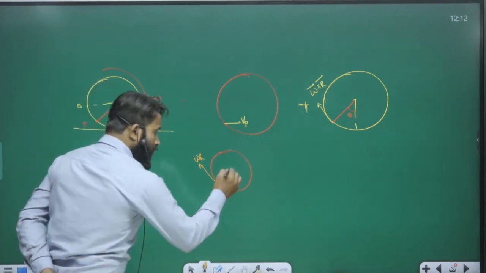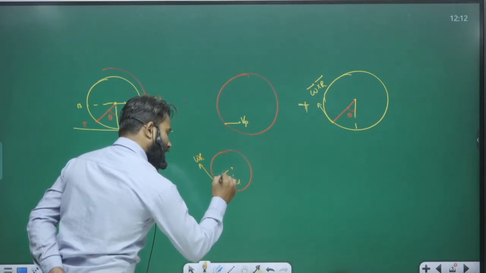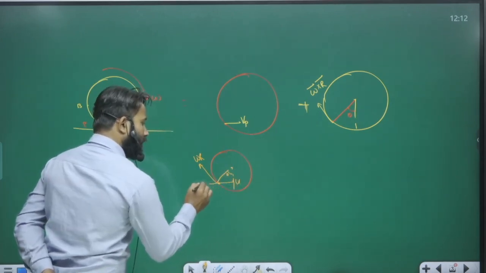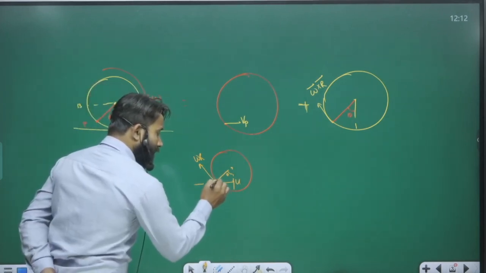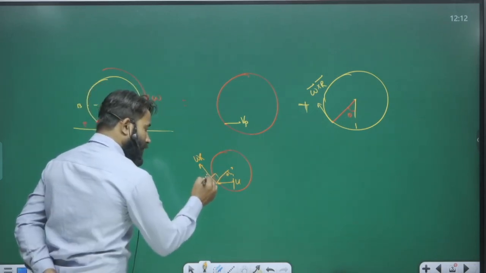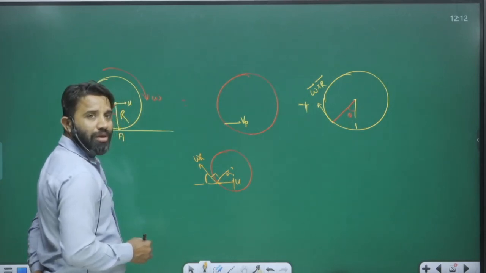Now, as we were given that this line was making an angle theta with this, you will find that this angle is 90 minus theta, this is 90. So this angle will again be 90 minus theta.